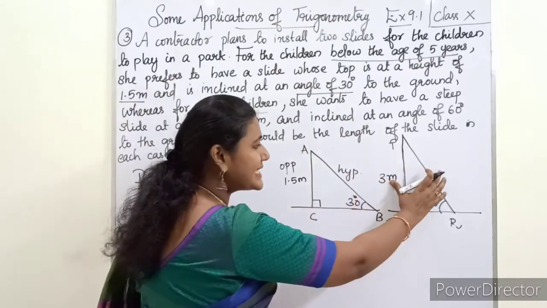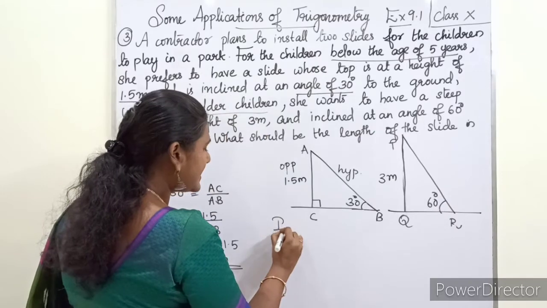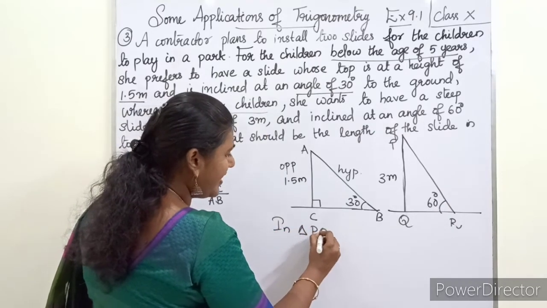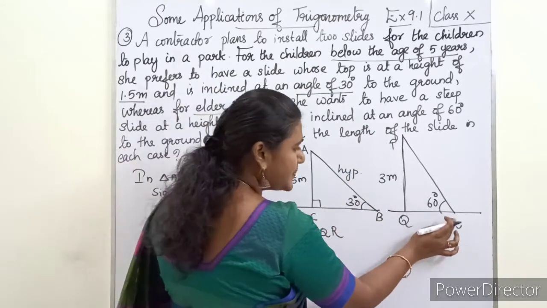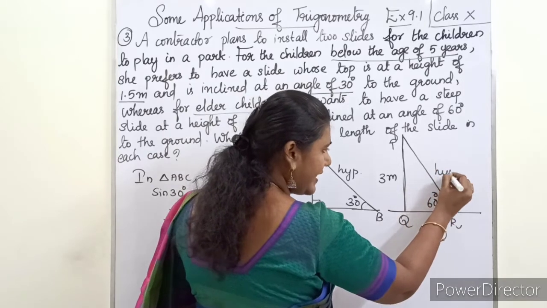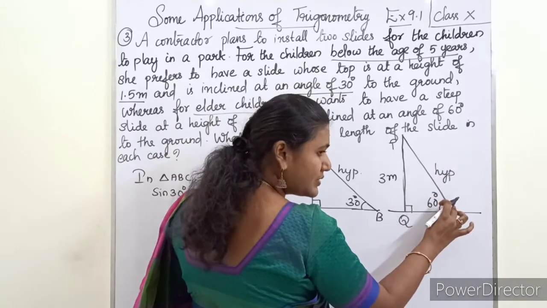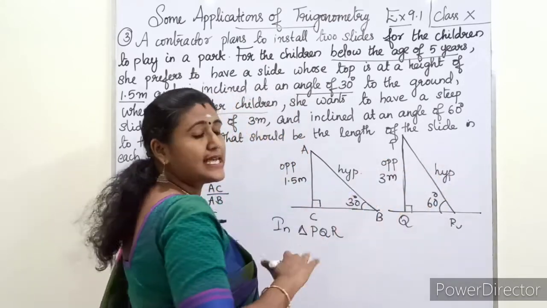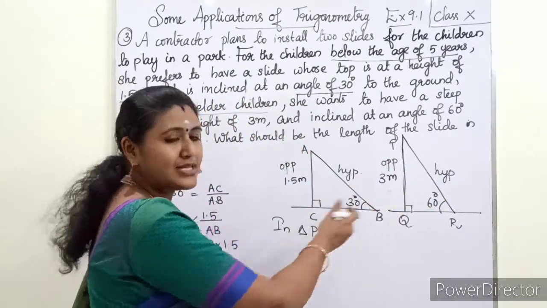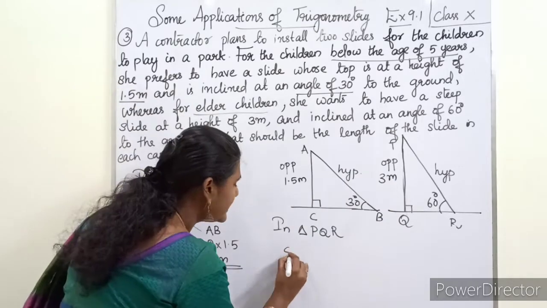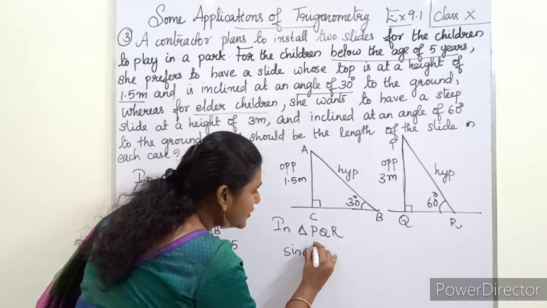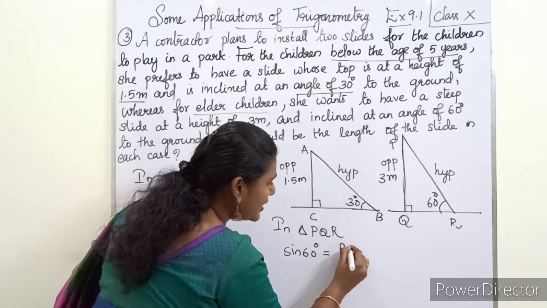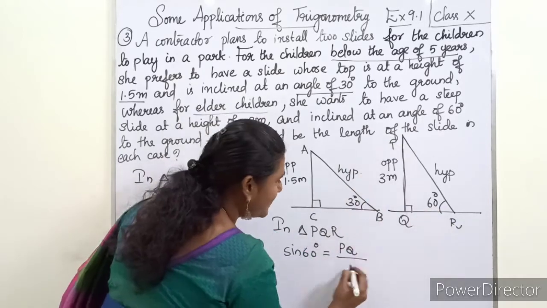Now we will go to the second case, that is in triangle PQR. Here the length of the slide is PR, and this side is again the hypotenuse, and with respect to this angle 60 degree, this side is the opposite side. So the same trigonometric ratio for the second case: sine 60 degree is equal to opposite side, that is PQ, by hypotenuse, that is PR.